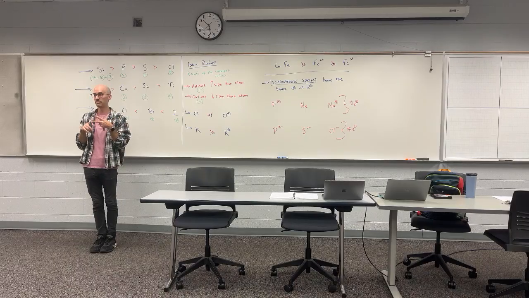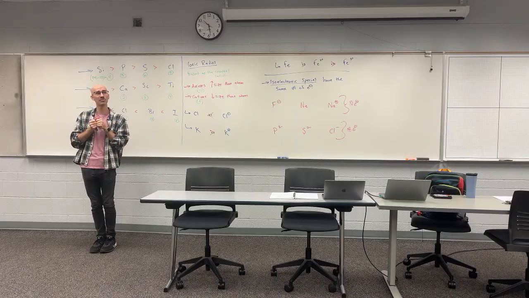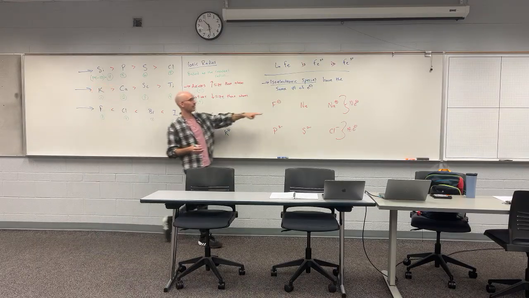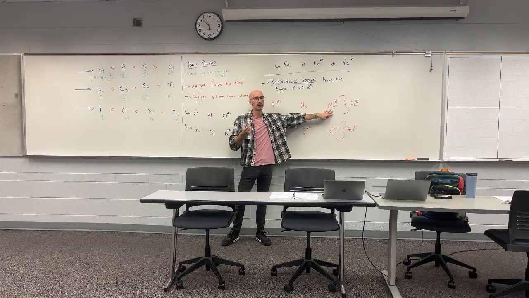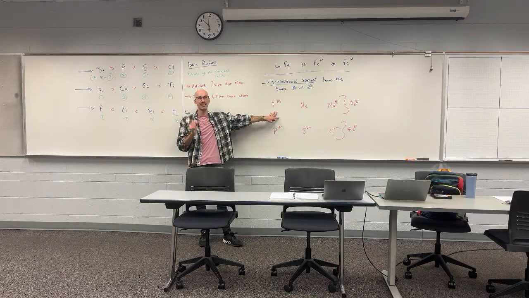And sodium, a cation, should be smaller than it already is. And they all have the same number of electrons, so they should be pulling on the same number of electrons, just with a different number of protons. Sodium is pulling on the same number of electrons with the most protons. Fluorine is pulling on the same number of electrons with the least.